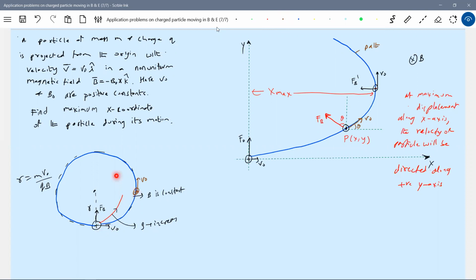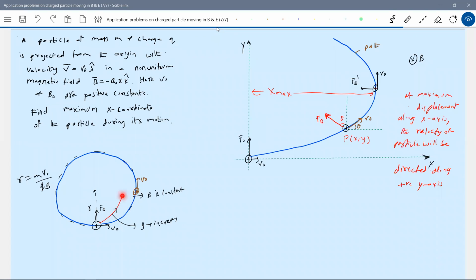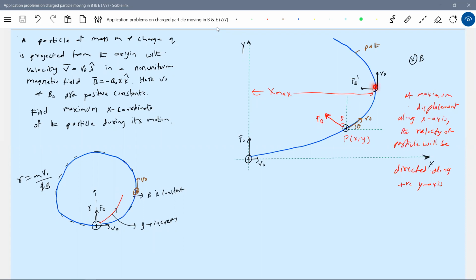Same thing for a curved path also. At one instant, the velocity will be directed along the y-axis. That will be the maximum x coordinate. After that, again it is not at maximum distance from the origin along the x-axis. So therefore, at maximum x displacement, this is a condition that will arise. I think this is very, very important. The idea comes from here only.